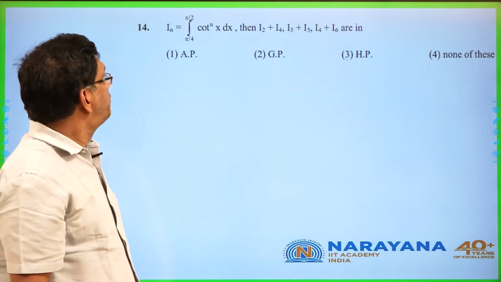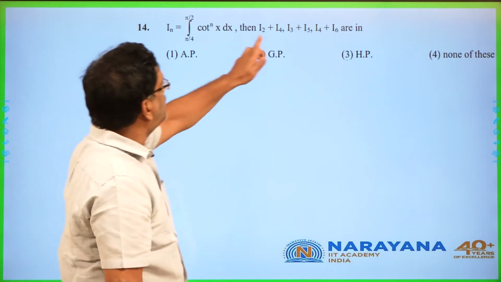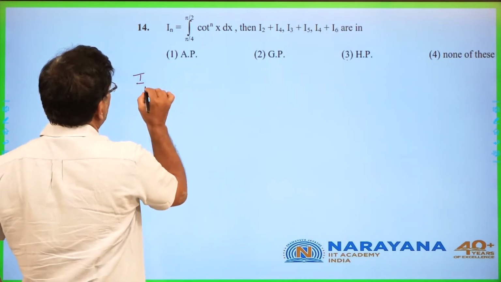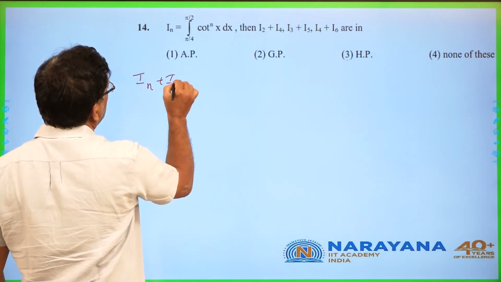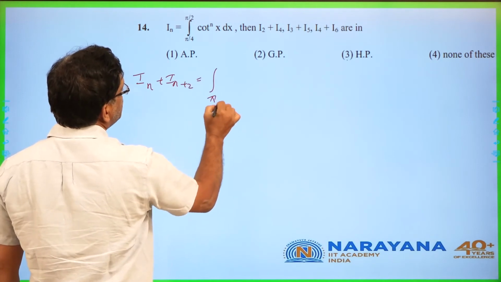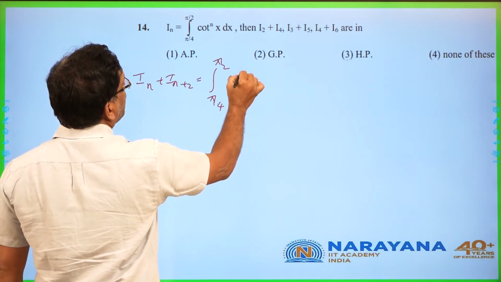Yeah, a simple problem. I2 plus I4. Since he is asking for all the terms with a gap of 2, first I am developing a formula for In plus In plus 2. This is the integral from pi by 4 to pi by 2 of cot power n x.